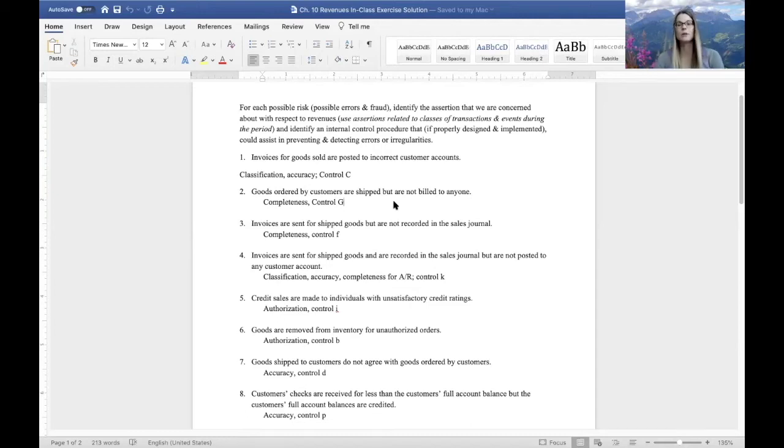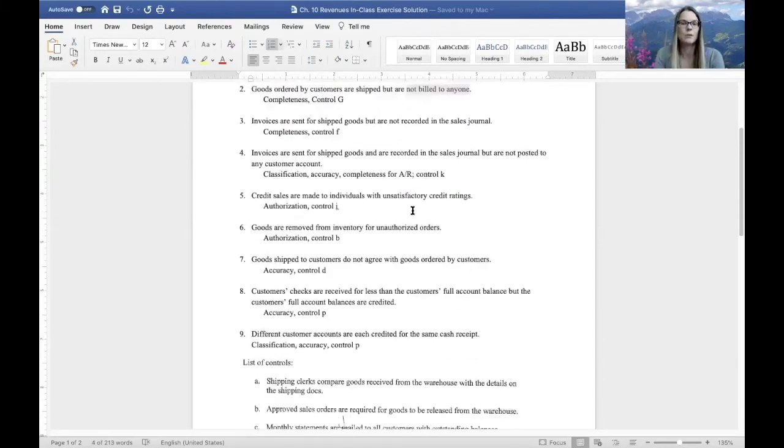So what I really want here, before I even start reading controls, is a control that is going to compare shipments, goods shipped, to billings, or goods billed, or invoices. So I know something that's trying to basically compare things shipped to things billed or stuff that's equivalent to billings.